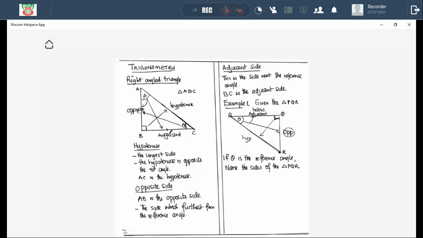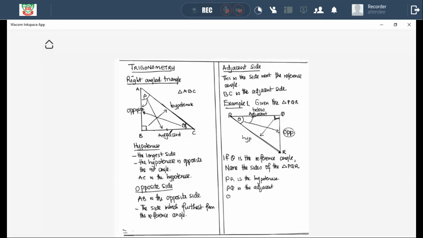Hence, you get line PQ. So I'll come and say PR is the hypotenuse, right? Then PQ is the adjacent, the one next to the reference angle.